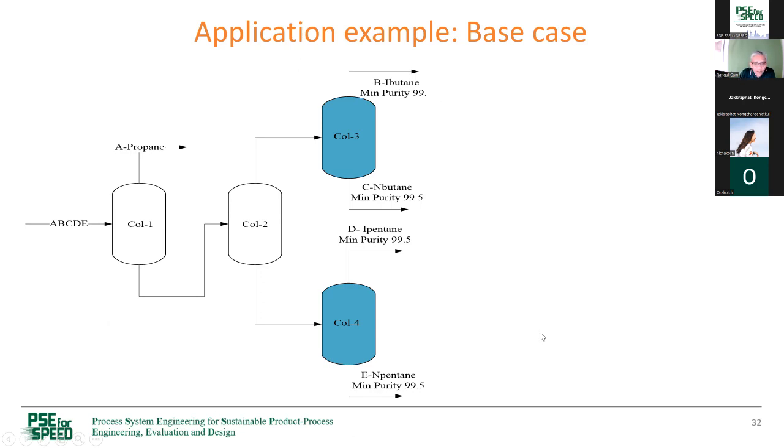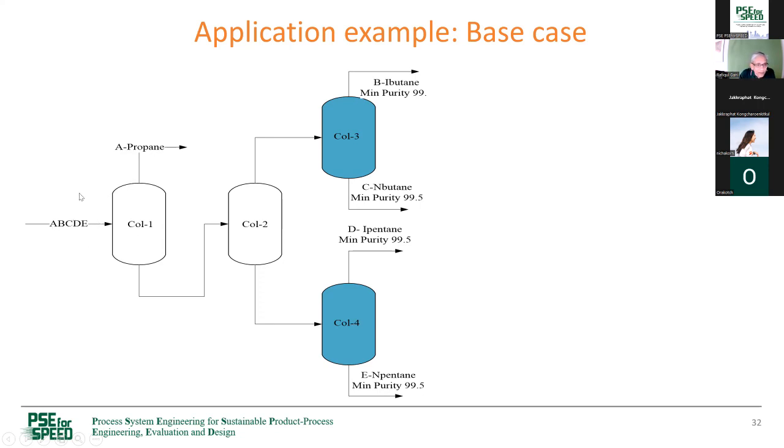So here is a typical distillation sequence that you will find in many petrochemical complexes and petroleum refineries. We have a mixture of 5 compounds, but it can be more.